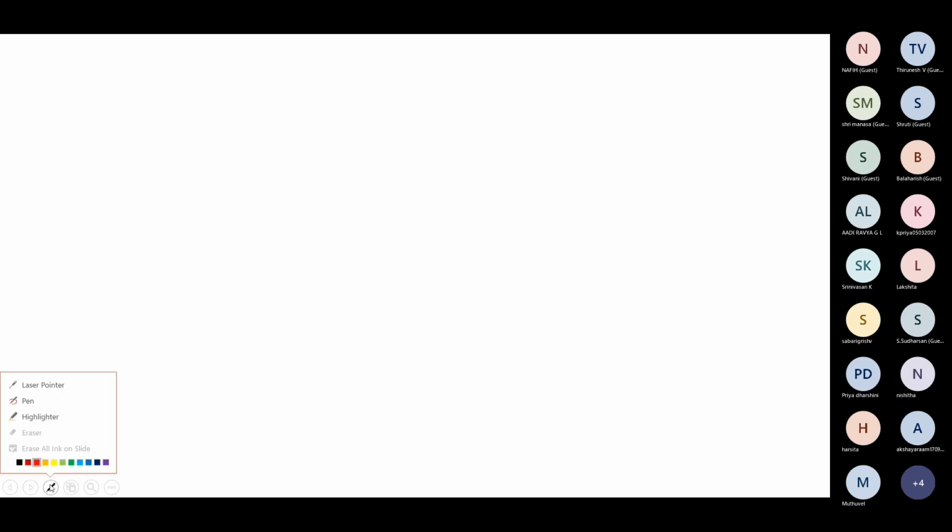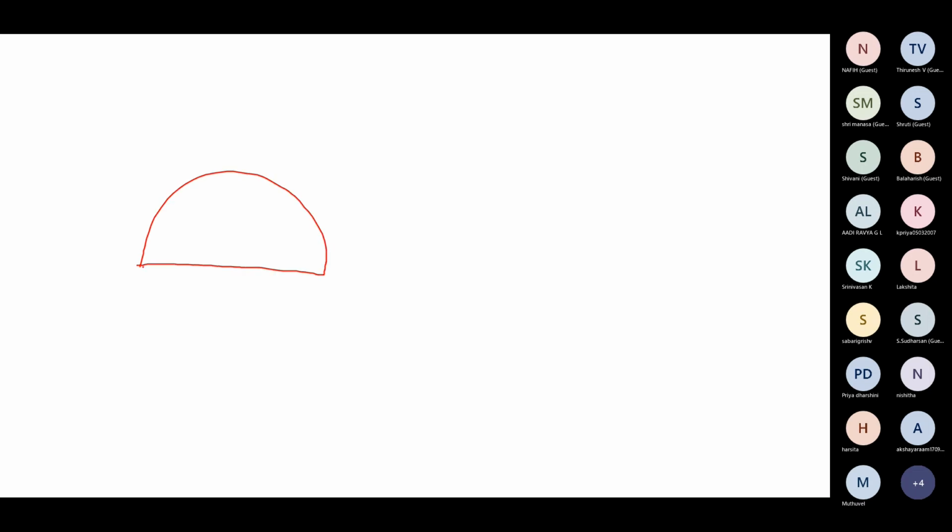So we are here. Okay, so now say this is one sector. This is 30 degrees. We need to find the perimeter of this sector. So perimeter is this length.